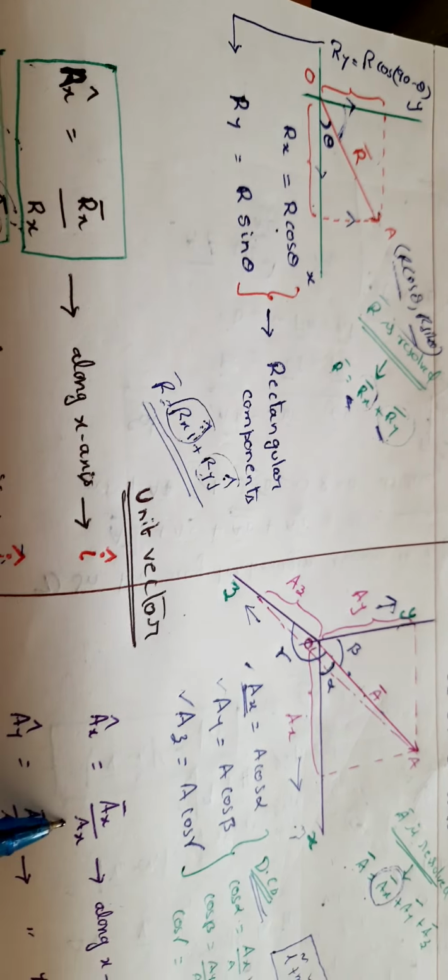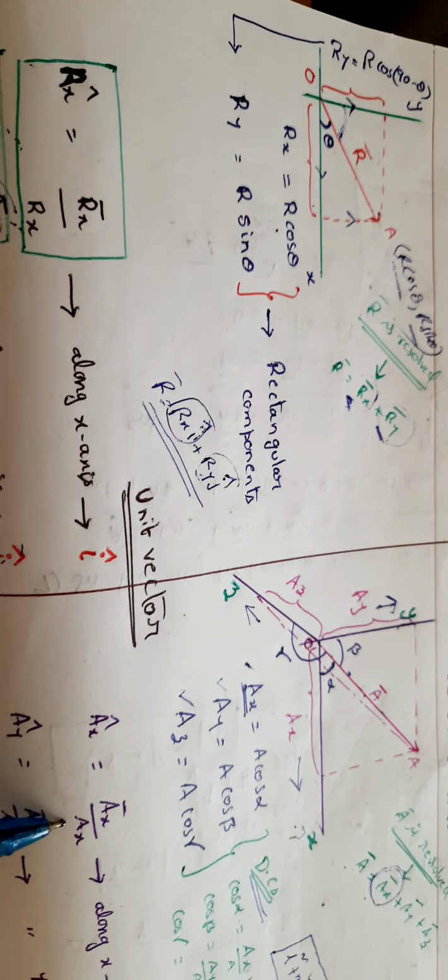So now you have Ax square plus Ay square. So L square plus M square plus N square, that is cos square alpha plus cos square beta plus cos square gamma. So what is that equal to?